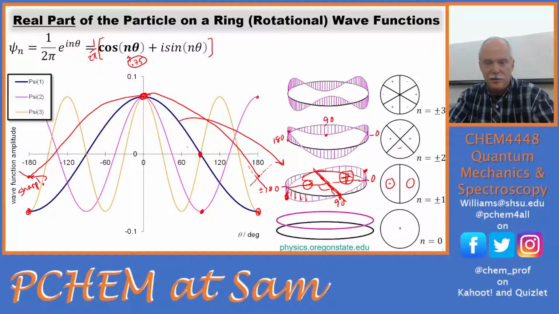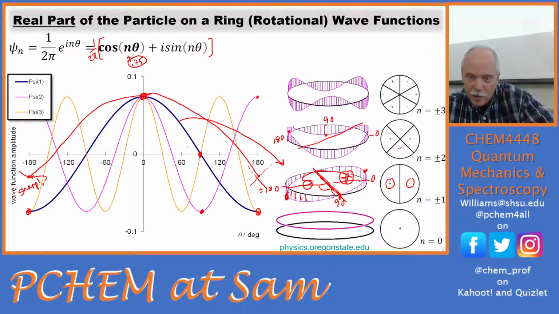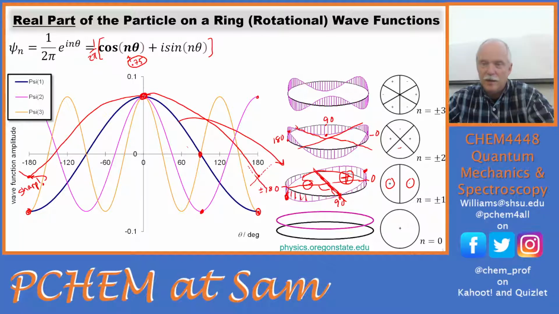It's got two nodes that cut across this way. It's so hard to do on this tablet. Okay. And so we have a positive here, negative, positive, negative. And you can see that plotted here.